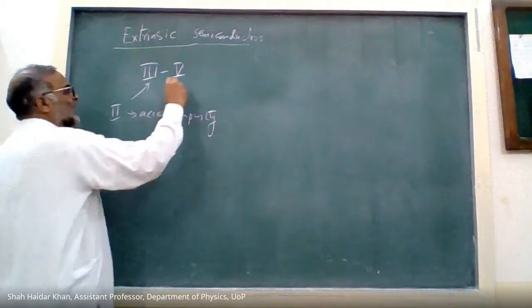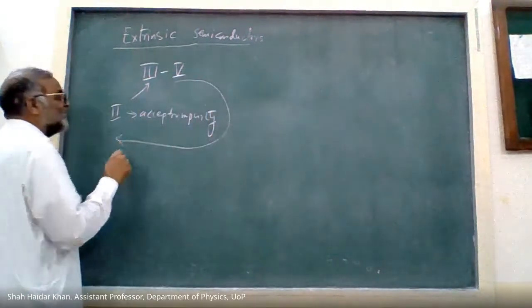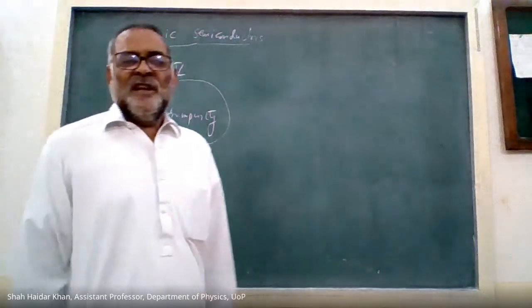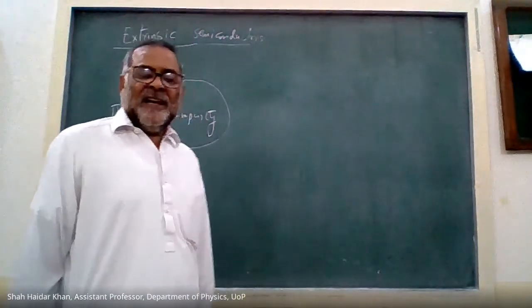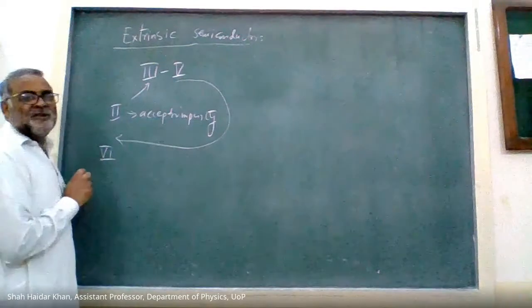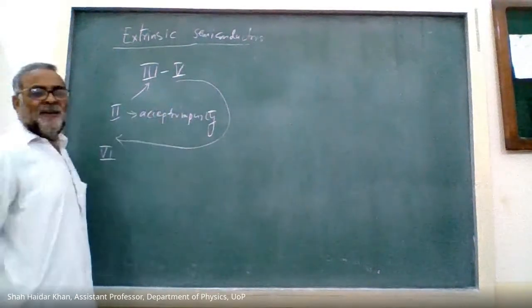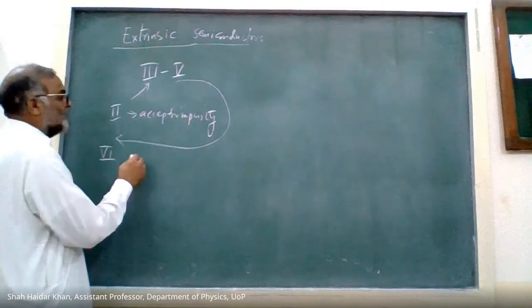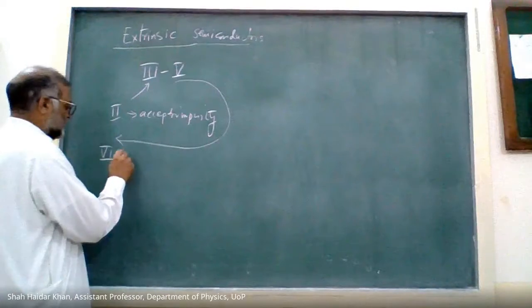On the other hand, if you put a group 6 element and it replaces group 5, then you will have a donor.